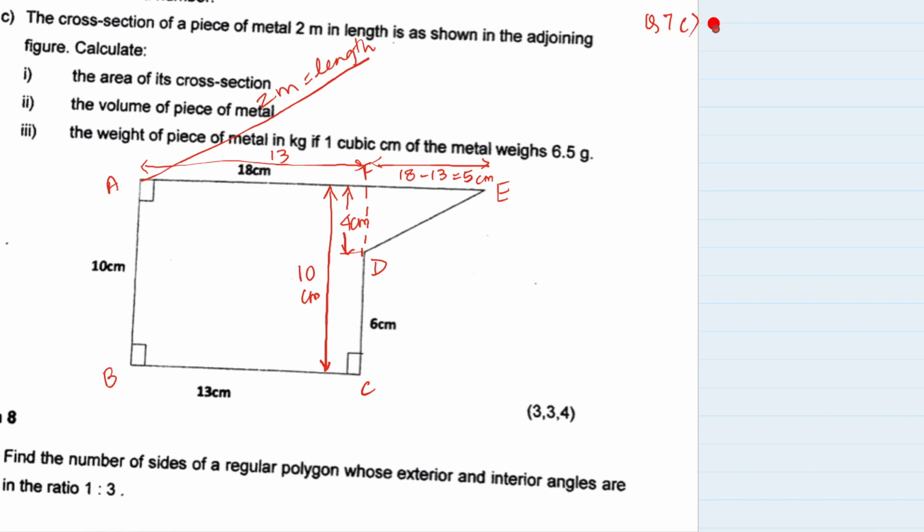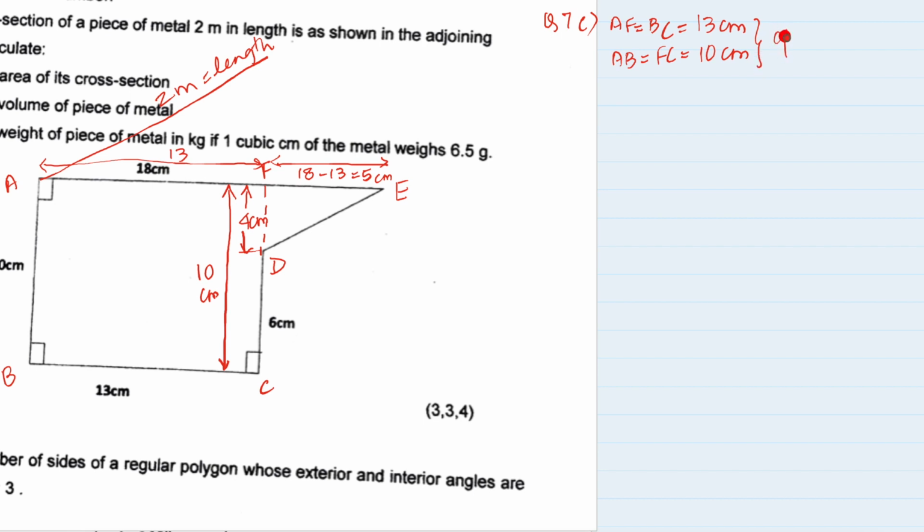We will write AF equal to BC equal to 13 centimeter, and we will write AB equal to FC equal to 10 centimeter. This is because opposite sides of rectangle ABCF are equal.